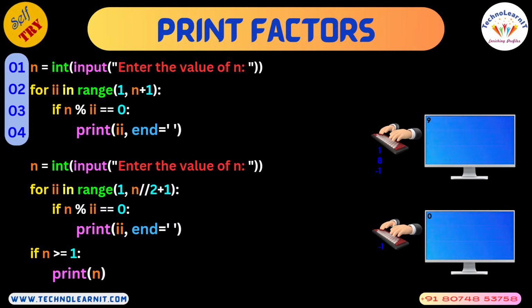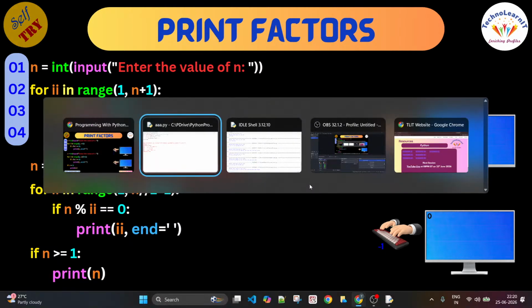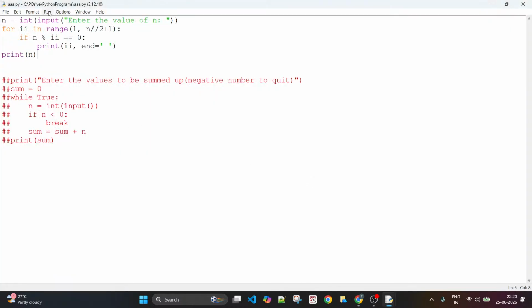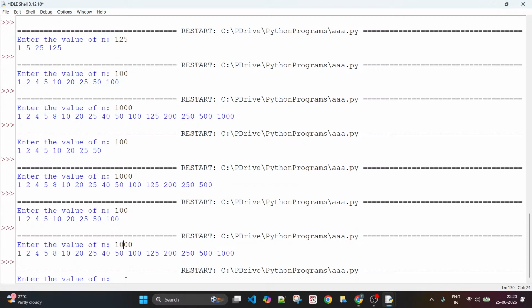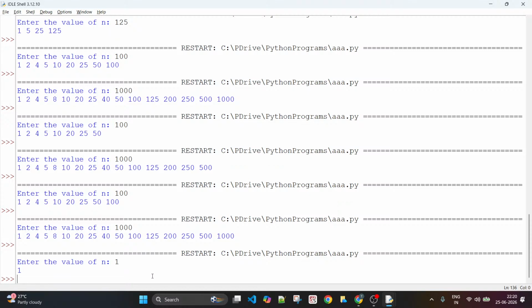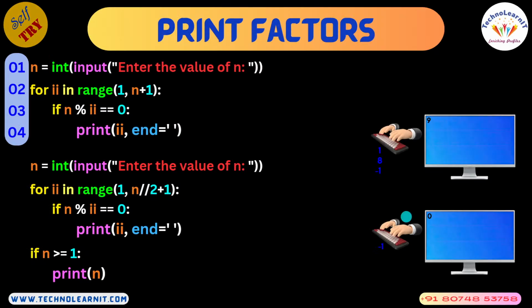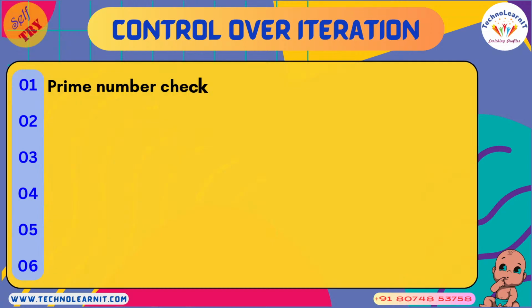And I would also like to run this program for an input of 1, right? And 1 is a factor of itself, so we'll be seeing only 1 coming out, right? So that is how you can achieve this output.